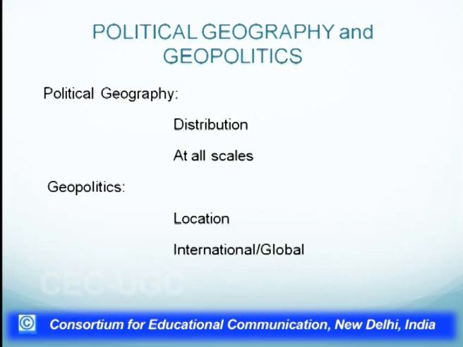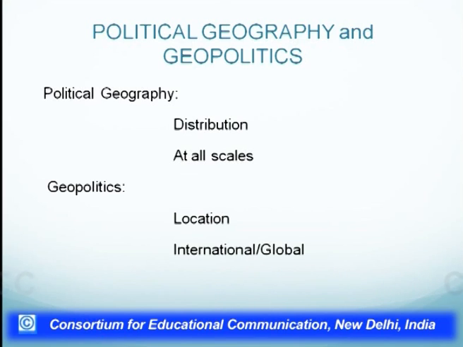Now, we will move to a major distinction within political geography, and that has a very significant import on international relations also. We should look at the difference between political geography and geopolitics.